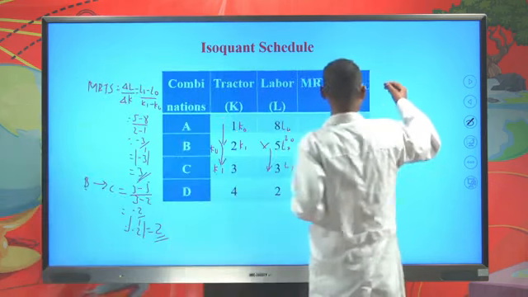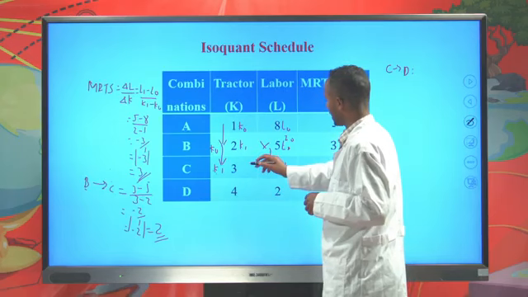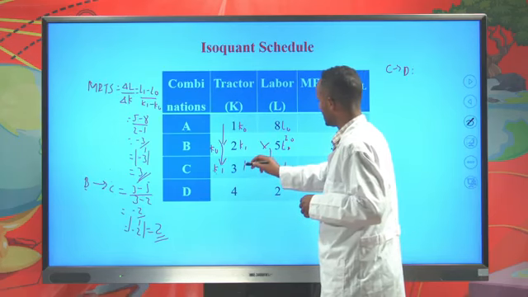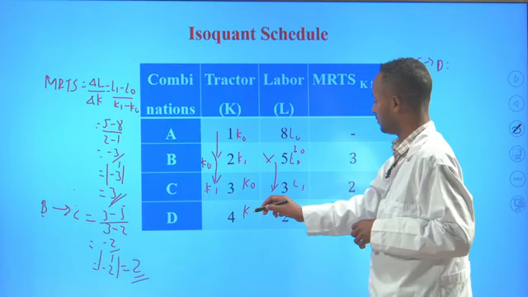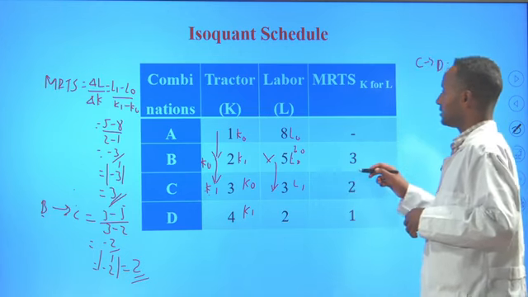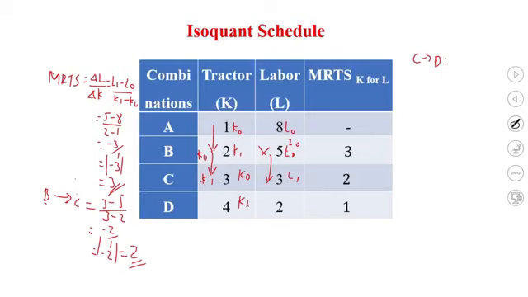Similarly, when we come across from combination C to combination D, as we increase the variable input tractor from 3 to 4, that means tractor was initially 3 and tractor finally reached 4. As a result, the amount of the variable input labor decreases from 3 to 2.